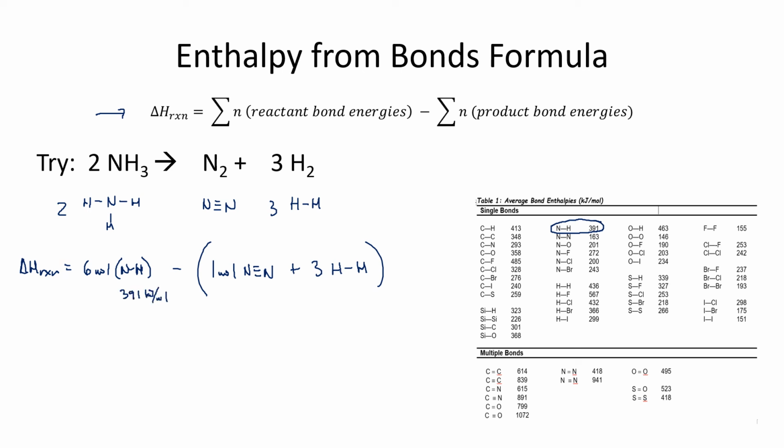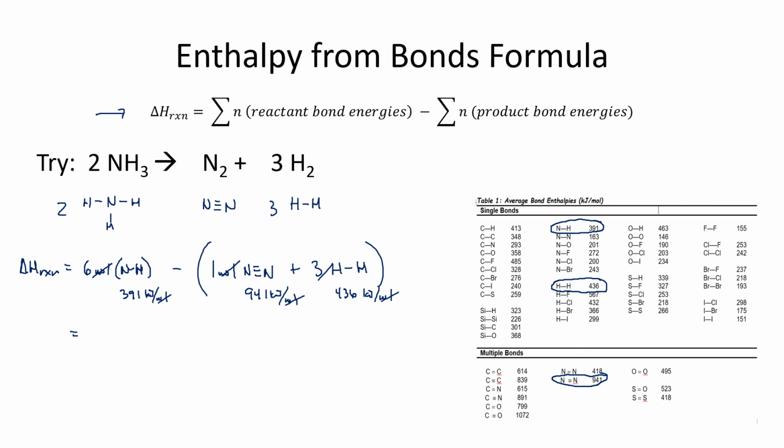The N triple bond N is down here at 941, very stable bond, that one. 941 kilojoules per mole. And the H to H bond, where's that one hiding? Here it is, 436. So 436 kilojoules per mole. Okay, so you see moles cancel out, and we're just going to end up with kilojoules once we're all done with this. And so then it's just a calculator game here now.